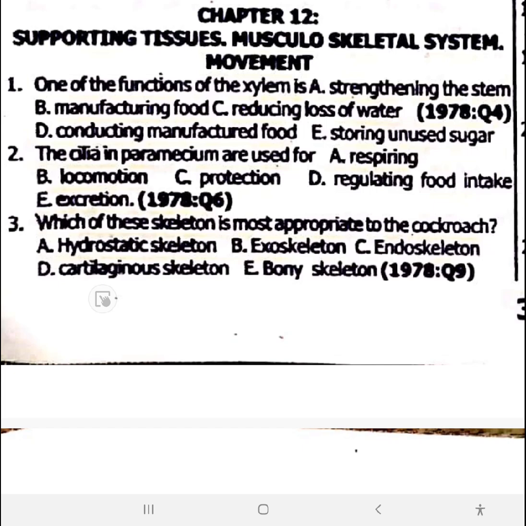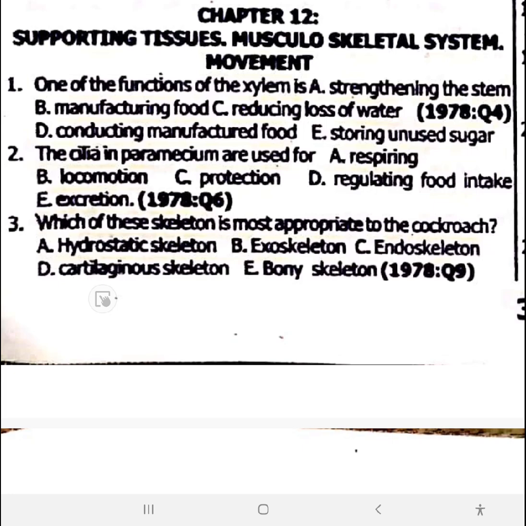Most vertebrates. Also go down and write skeletal materials. Chitin is found in the exoskeleton in arthropods. Next, body fluid is found in hydroskeleton. And lastly, cartilage is found in the trachea, T-R-A-C-H-E-A.